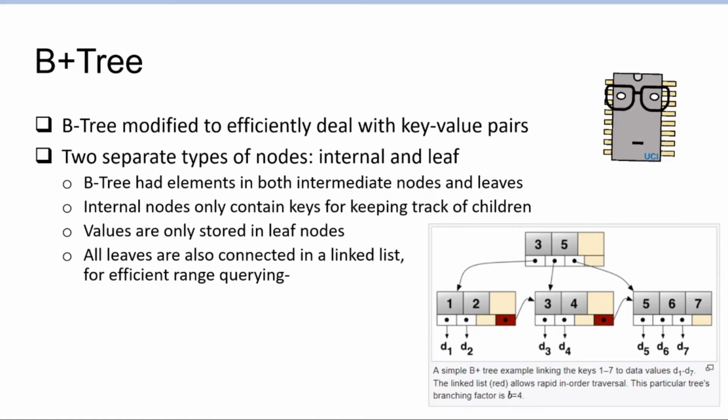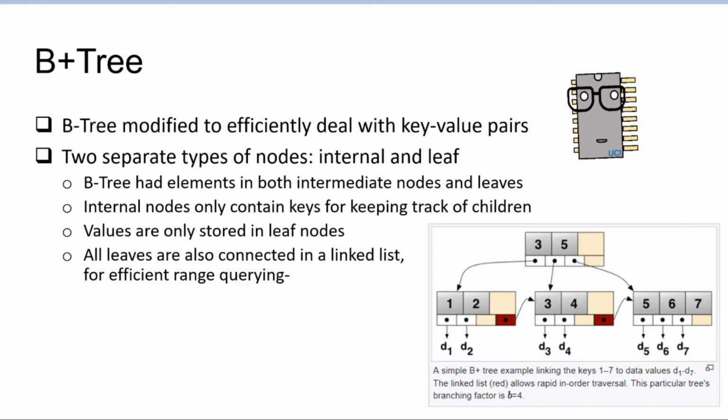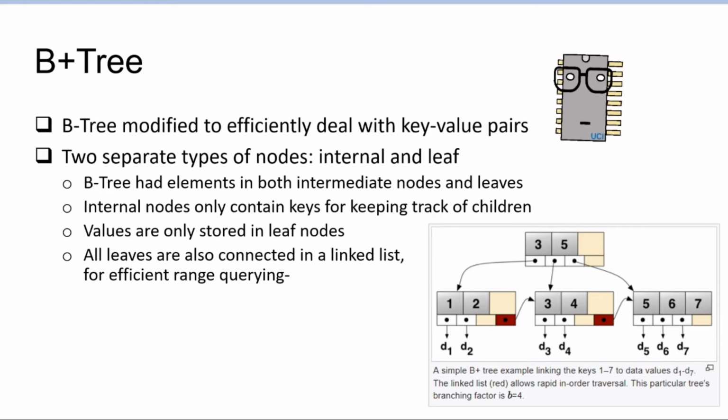In that case, the keys would be the URLs, the values would be the images. So when you want to query for a particular image, you would traverse the table looking for that particular URL, and it would return the image when it actually finds it. So that's a key value pair. And B plus trees are B trees modified to effectively deal with key value pairs.